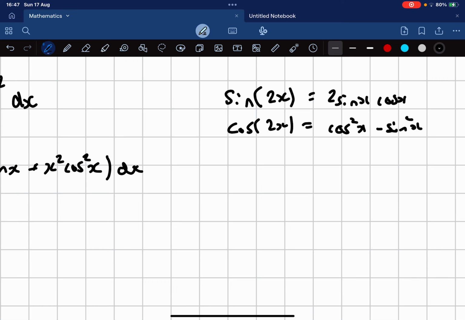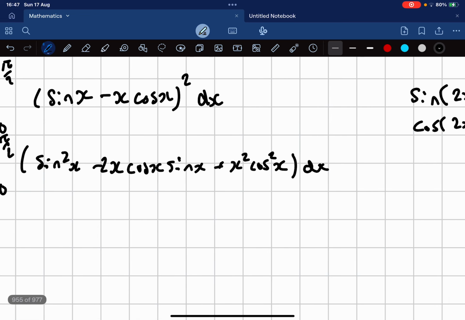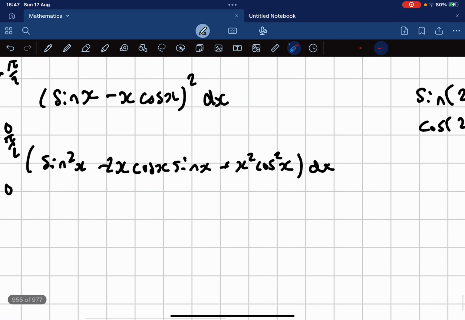Okay, so this one first, we can also see that we've got this very simple. So this is just going to be minus x sine of 2x, by just comparing this.